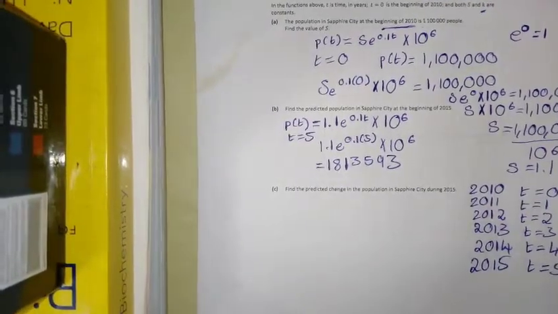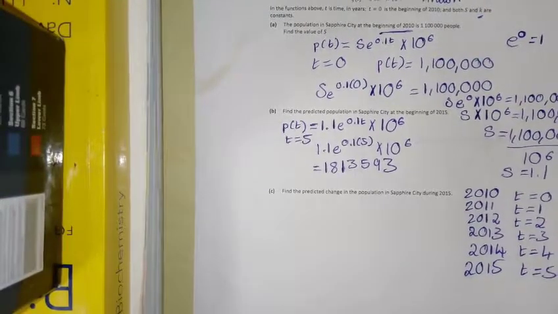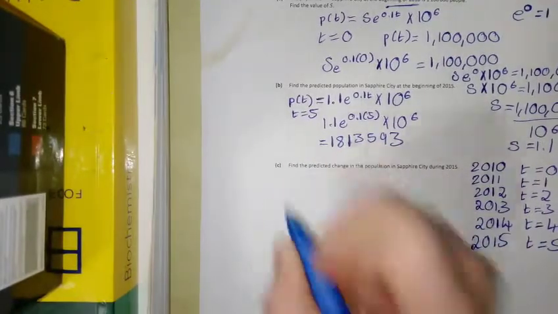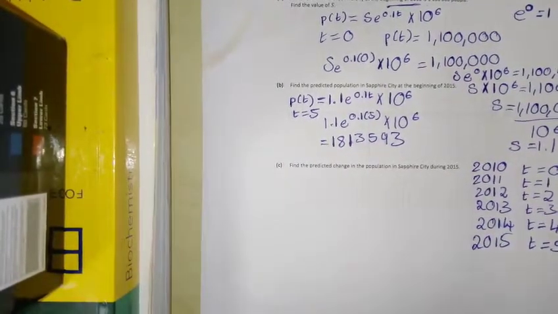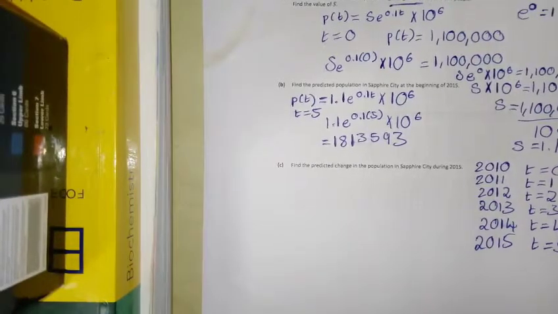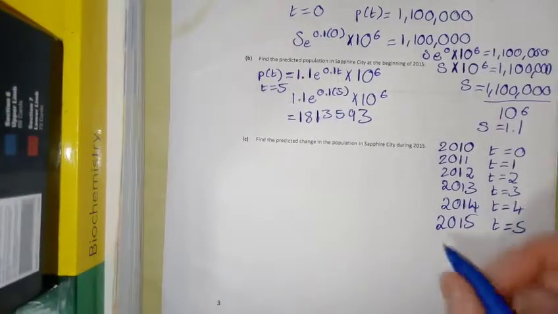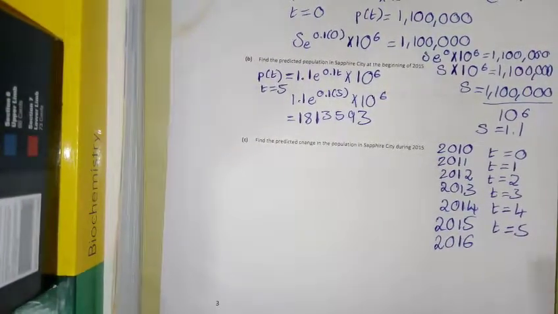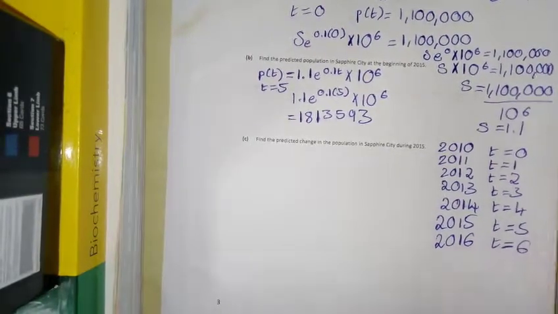Then in the next question, we are asked to find the predicted change in the population during 2015. So the change is going to be the population at the end minus the population at the start. The population at the end of 2015 is going to be the population at the start of 2016, and for 2016, T is going to be equal to 6.